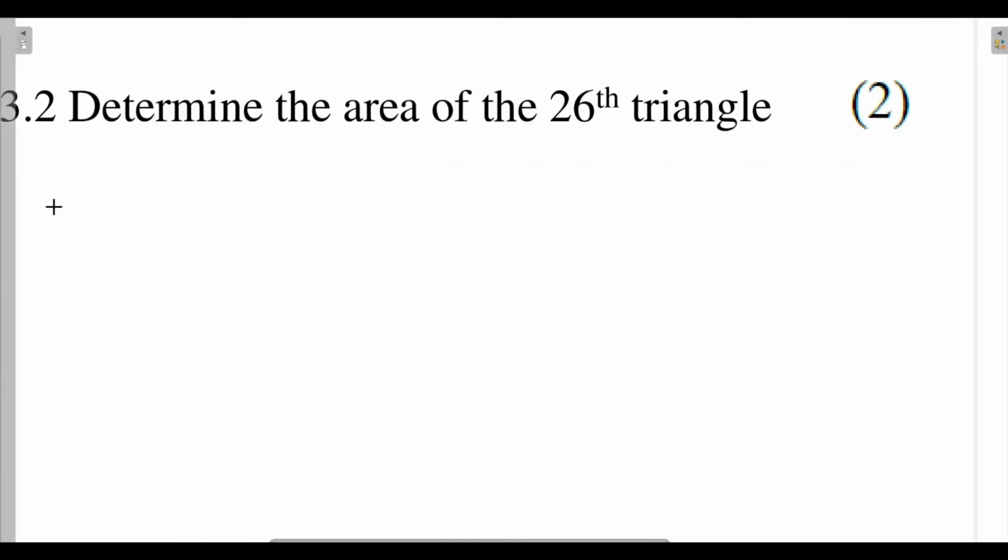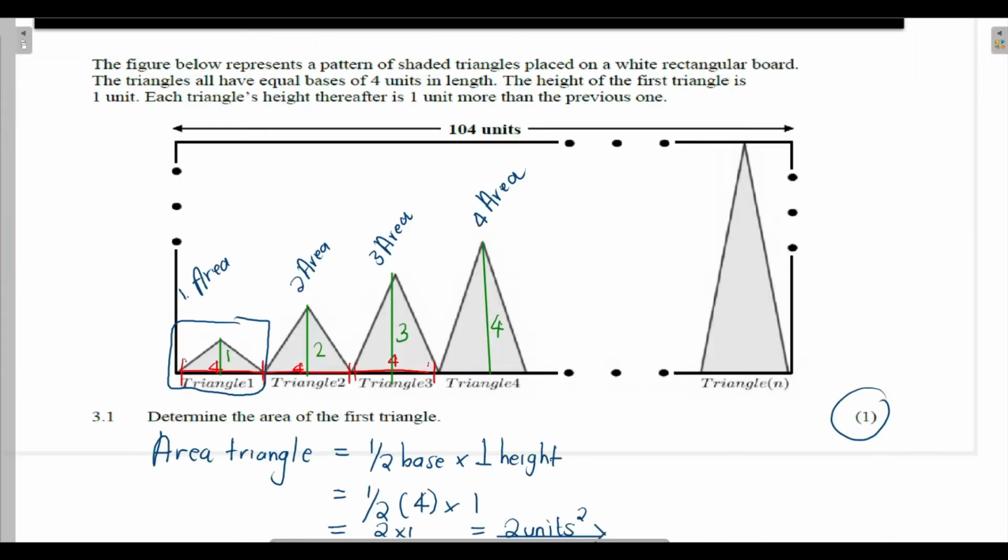Question 3.2 says, determine the area of the 26th triangle, right? For us to even get the area of the 26th triangle, we need to see what the pattern is.